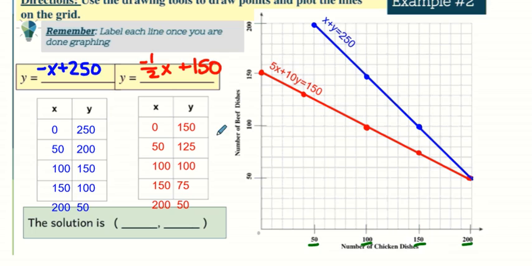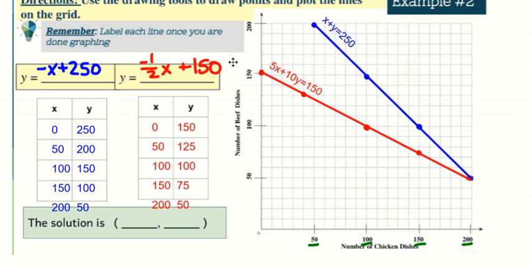So instead of writing my table as 10, 20, 30, 40, 50, because that would take a really long time to get all the way up to 200, I focused my x and y table on finding the point at 0, the point at 50, the point at 100, 150, and 200, so that I was able to quickly graph these two equations.